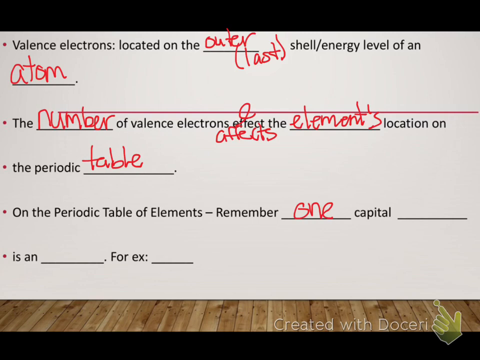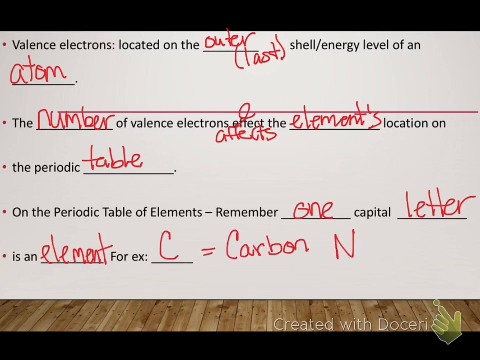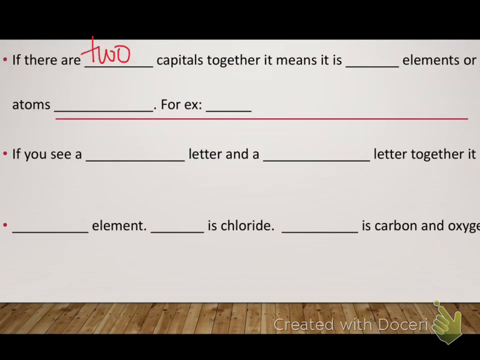Anyways, remember that one capital letter is an element. For example, C equals carbon, N equals nitrogen. It's just one letter, it's just one element. If there are 2 capitals together, then it means 2 elements are combined. 2 atoms are combined.